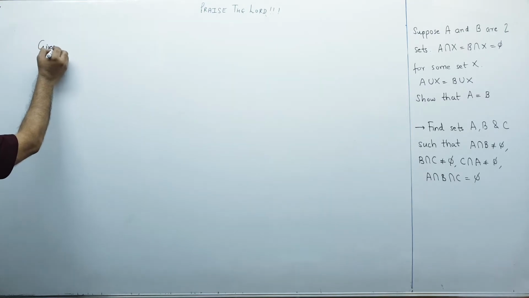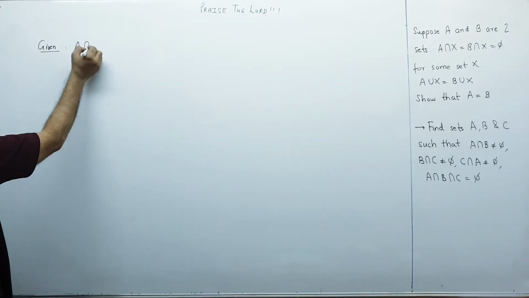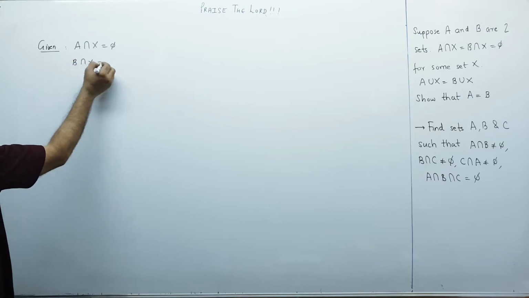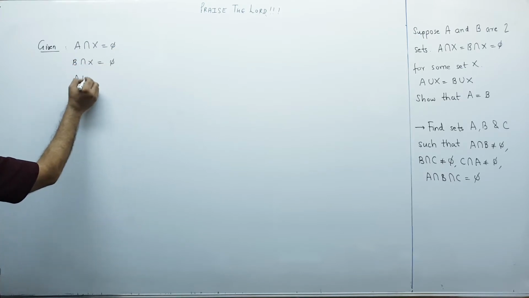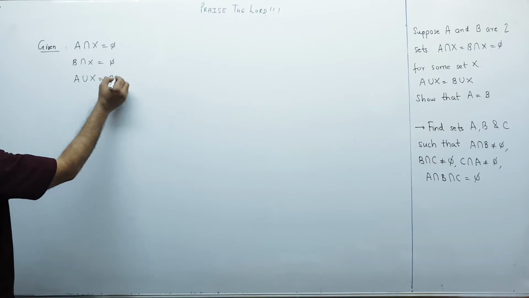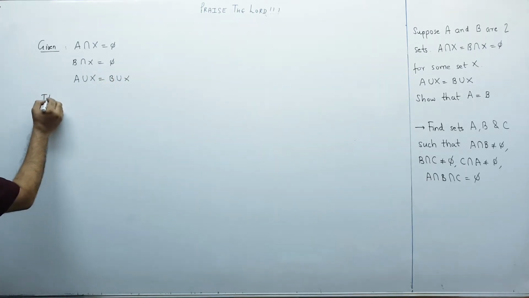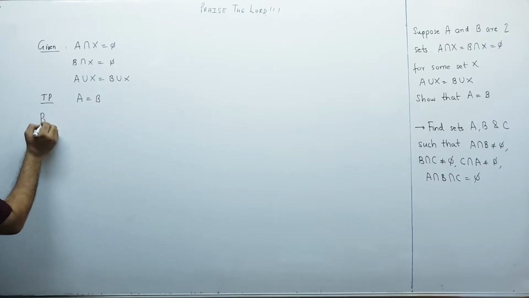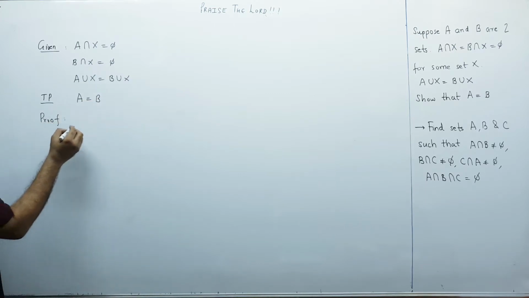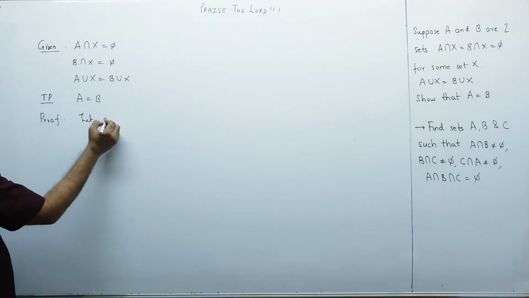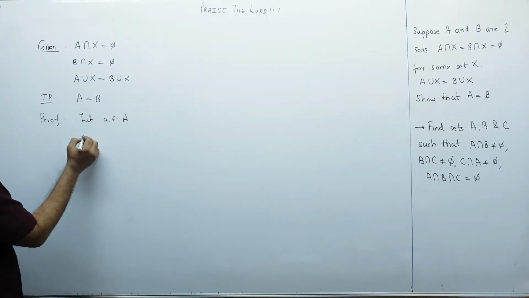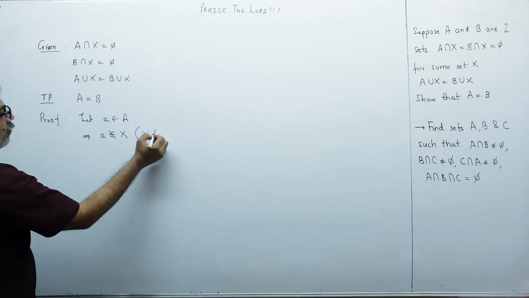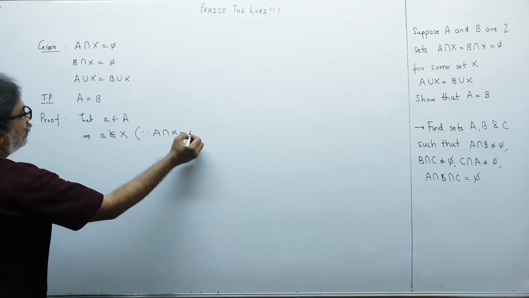Given to me is A intersection X is null set, B intersection X is null set, A union X is equal to B union X. I have to prove A equal to B. Proof. So let a belong to A. So that means a does not belong to X because A intersection X is null set.